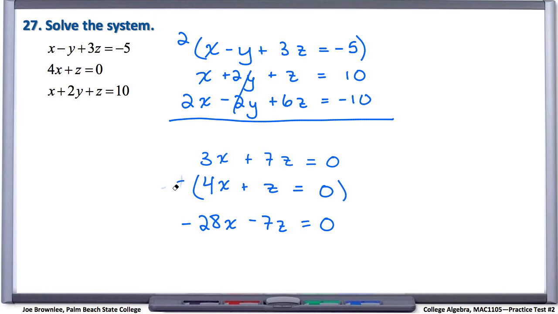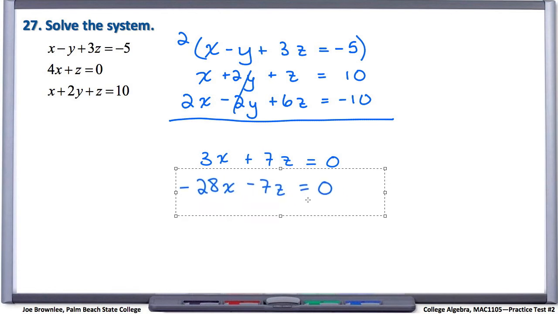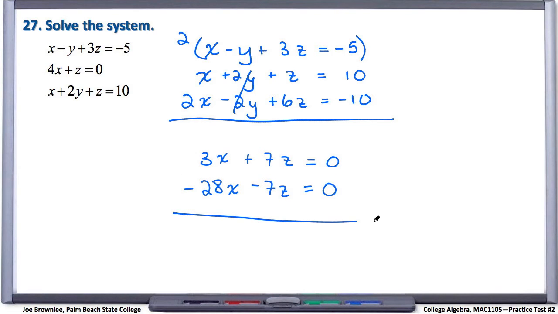All right, so I'm going to get rid of this equation now that we don't need it anymore, and we'll line these two up and add vertically. 3x minus 28x gives us negative 25x. 7z minus 7z goes away, and of course 0 plus 0 is just 0. If we want to get x all by itself, we'll divide by negative 25 on both sides, and that'll leave us with x equals 0.